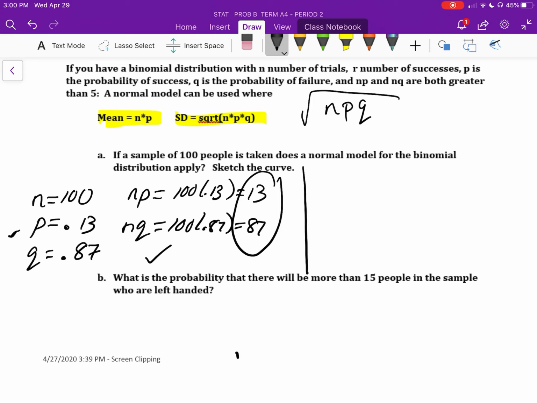Now our model, you recall, when we use normal model, we need to know the mean. So the mean in this case for the binomial model is n times p, and the standard deviation is the square root of n times p times q. So we already have our mean here. Our mean is 13. So what is our standard deviation going to be?